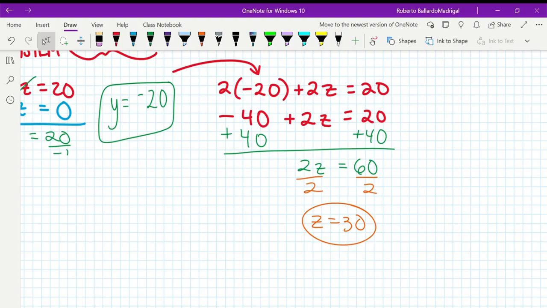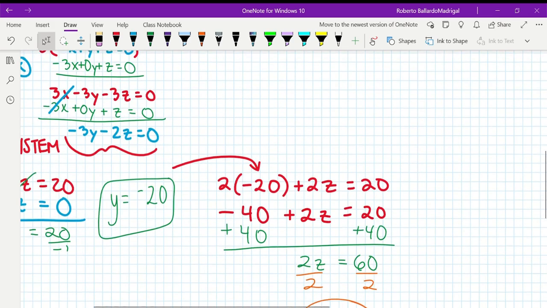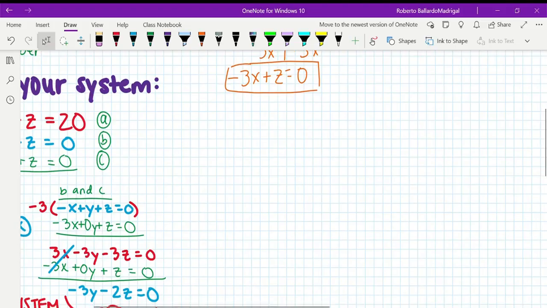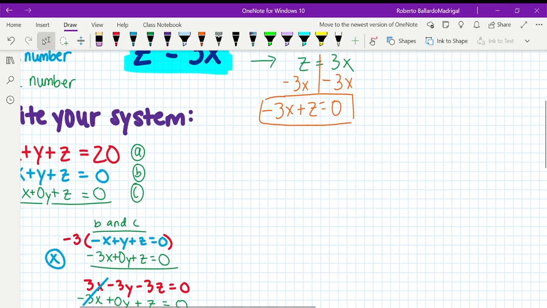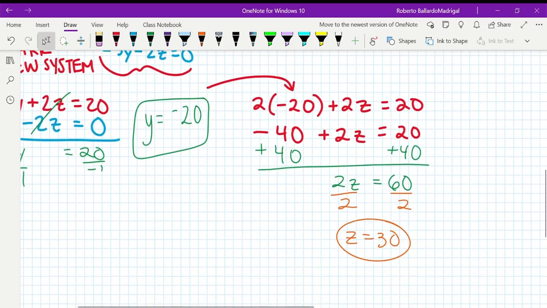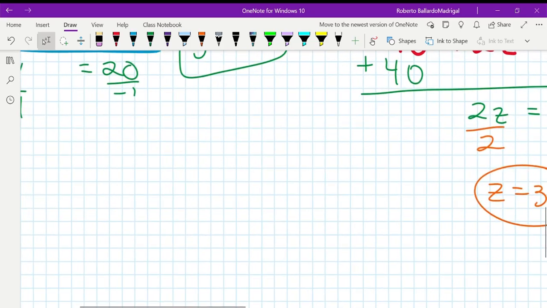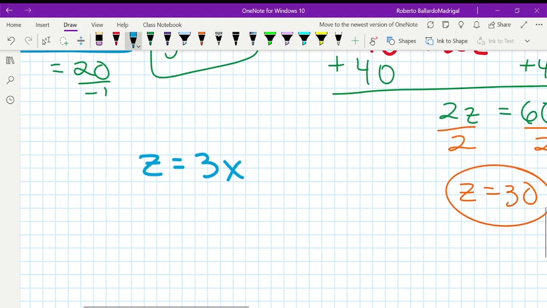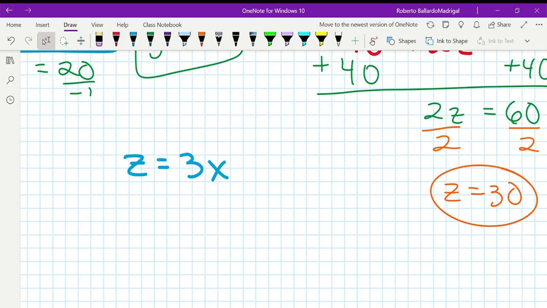Last step. You ready? So earlier we had said that z, remember in the beginning, z was equal to 3x. So if z is equal to 3x, and we just found out that z is 30, then what will x equal?